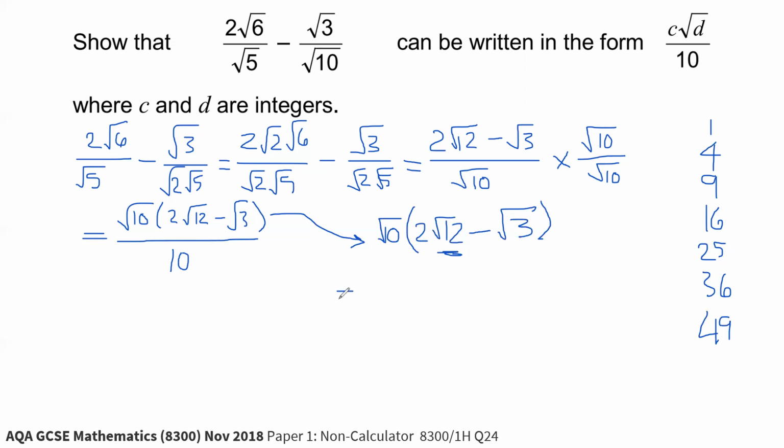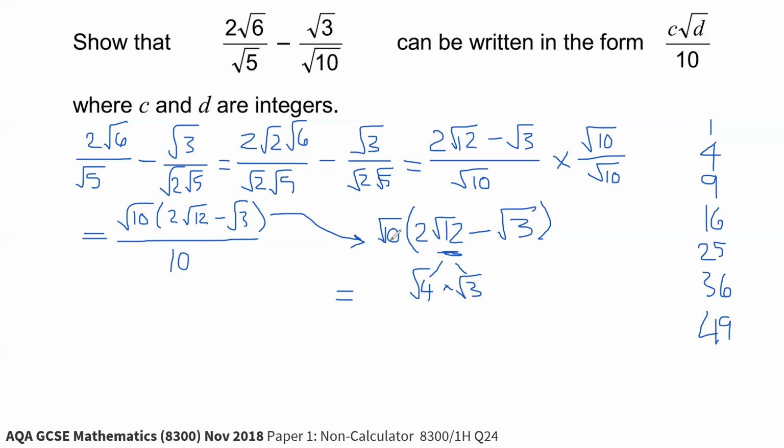So now if we go back to this sum, we can see that we've got root 12 here, which we can then separate out into root 4 times by root 3. And hopefully you'll realise that root 4 is just the same as 2, the square root of 4 is 2.